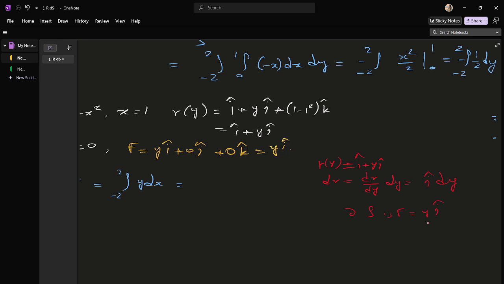So the line integral becomes F dot j, that is, the integral over del S of F dot dr is equal to the integral from minus 2 to 2 of F dot j dy, and it will be this.